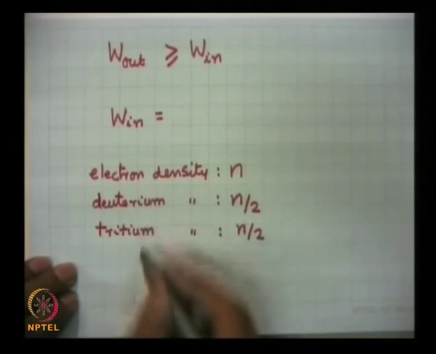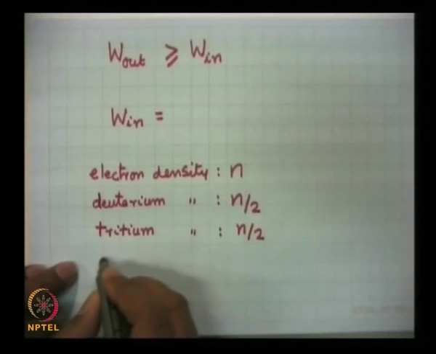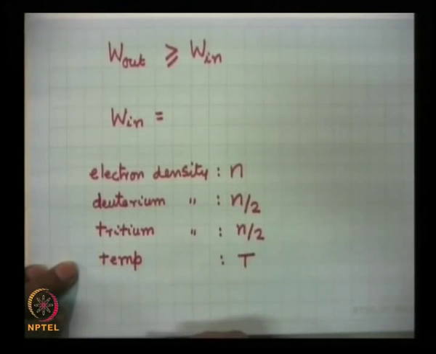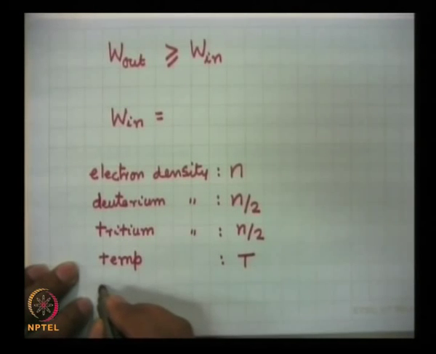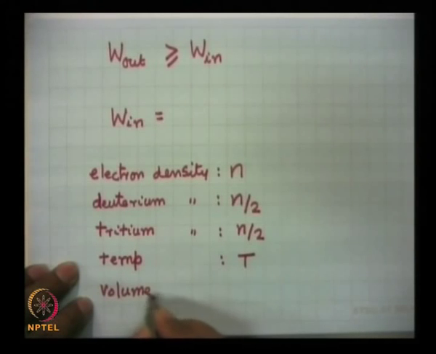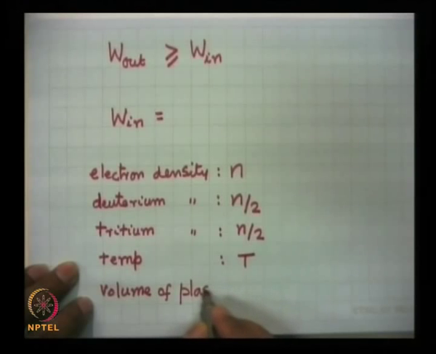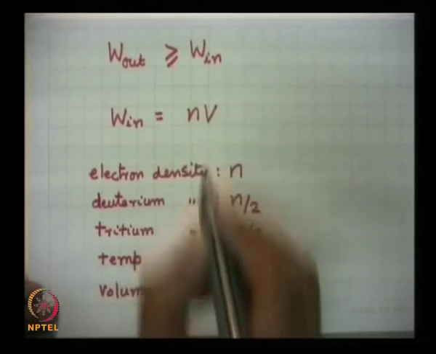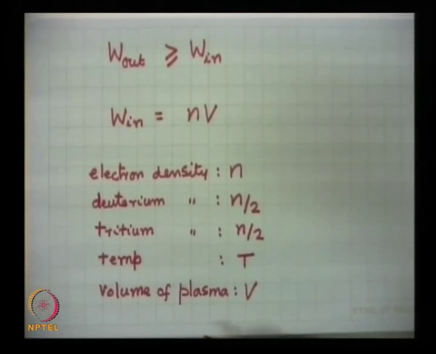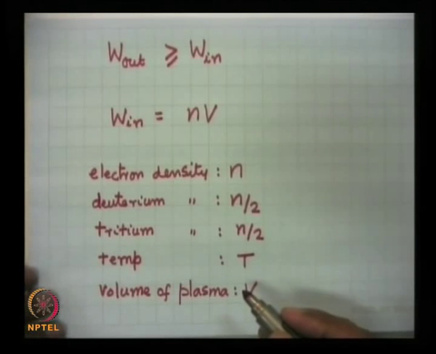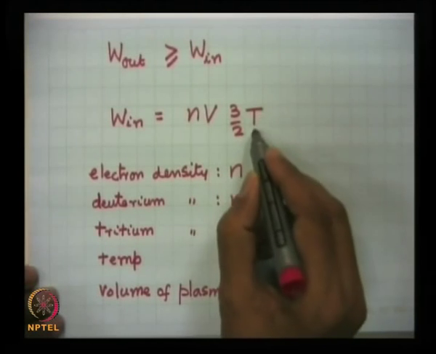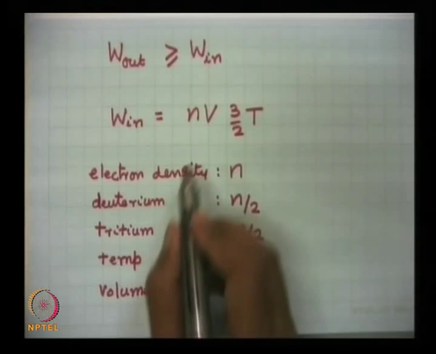and temperature of these 3 species, they may differ, but suppose the typical temperature I choose to be equal to T, and the volume of the plasma, suppose V. So, the total number of particles in the system are nV, and the kinetic energy of every particle, if I assume them to have a Maxwellian distribution function, is 3 by 2 into T, where the Boltzmann constant is hidden here, but this is the number of electrons.